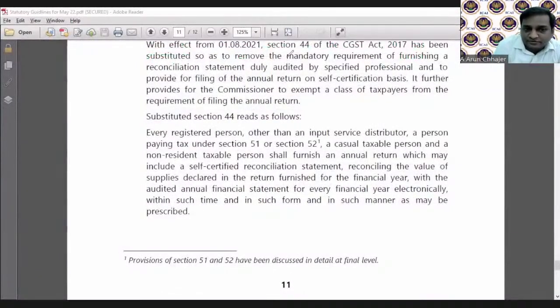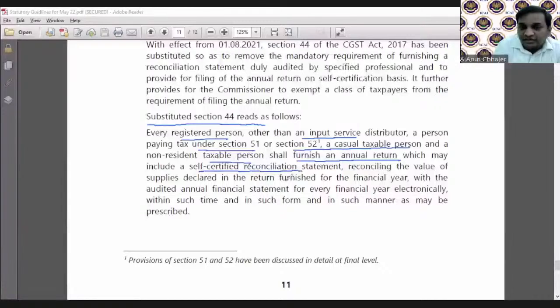Fine. Substituted section 44: every registered person other than ISD, person paying tax under section 51, 52, casual taxable person, NRTP, shall furnish an annual return which may include a self-certified reconciliation, reconciling the value of supply declared in the return furnished for the financial year with the audited financial statement.